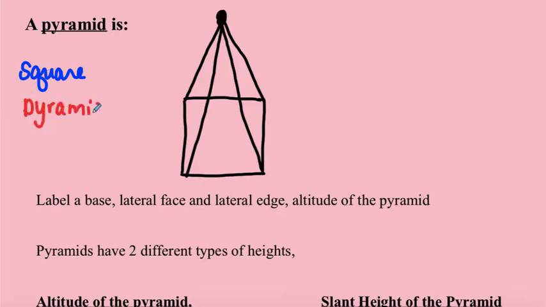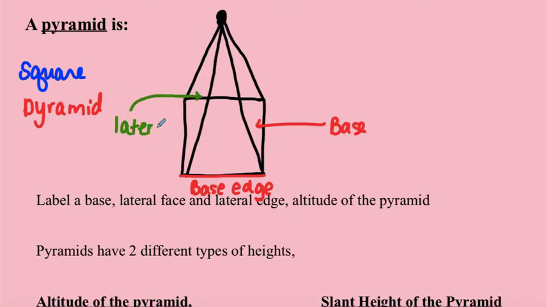Now, I want to make sure that we understand the parts of a square pyramid. So that square base, that is the base, okay? And the edges around it, those we call base edges. It also has lateral faces. So you might see the sides are lateral faces, and you might notice that the lateral faces are triangles.